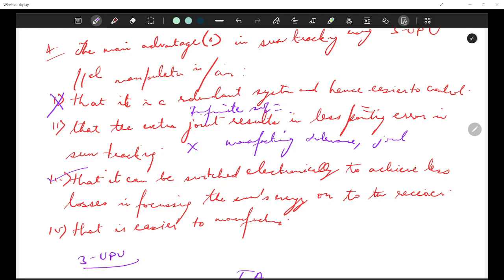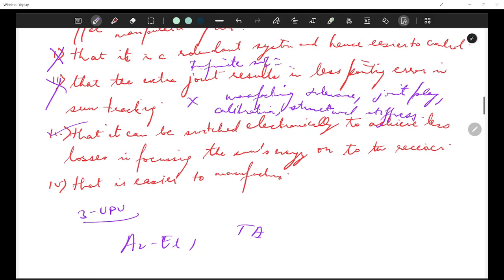We already discussed all of this. It also depends on calibration and structural stiffness. So more joints may even increase error if the tolerances accumulate. So simply adding a joint does not guarantee better accuracy. Therefore, option B is incorrect.